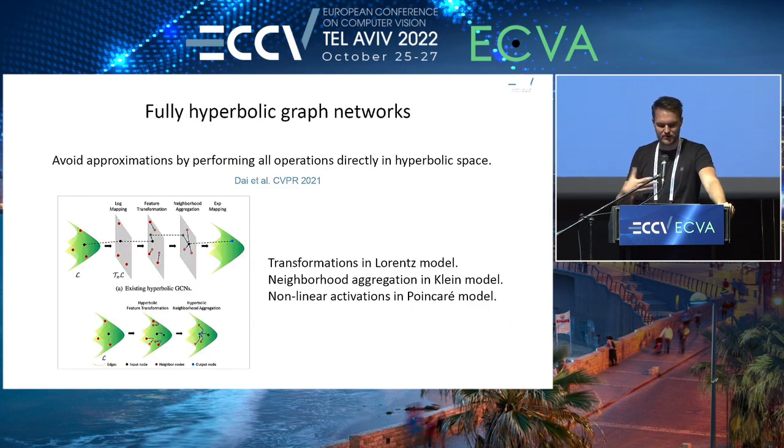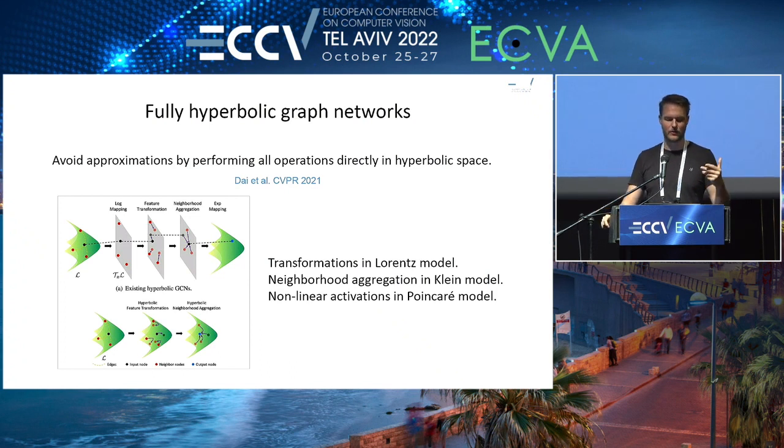So the second generation, this is really more recent, it's actually quite ongoing research. It feels a bit wrong to go back and forth between Euclidean space and hyperbolic space. What I want is, if I'm in hyperbolic space, I just want to operate in hyperbolic space. So this is a CVPR paper from last year where they said, well, actually, yeah, we agree. We don't want to do this mapping and then your normal graph layer and then mapping back.